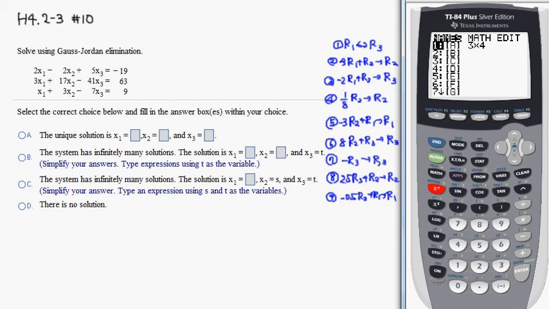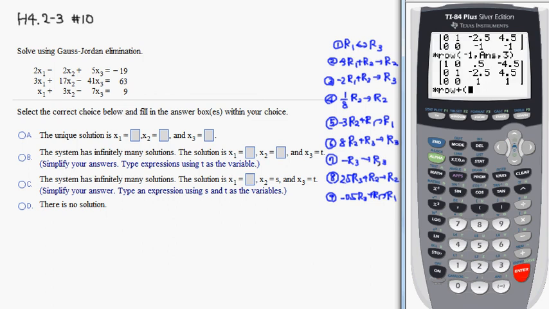Right, so let's do that. So do math, go up. It's multiply and add, so it's going to be 2.5, comma, previous matrix, and we're going to multiply row 3 and add it to row 2, so comma 2. Then you get a 0 there.